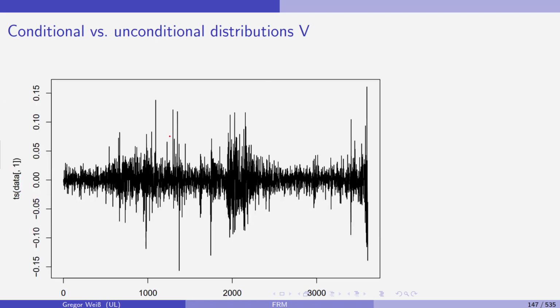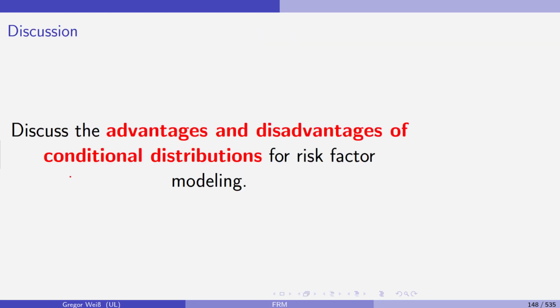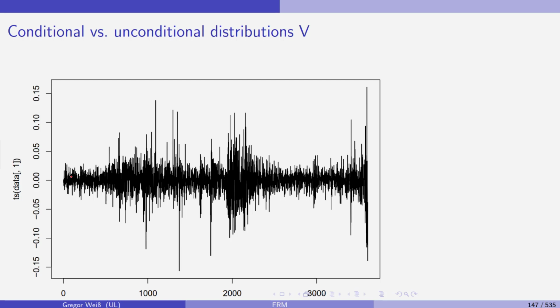Now, if we take a look at this, this is some real data, I think from the DAX 30, and you see we have more volatility here, more volatility here, more volatility in the 2000s, and then it starts again in the financial crisis, I think.